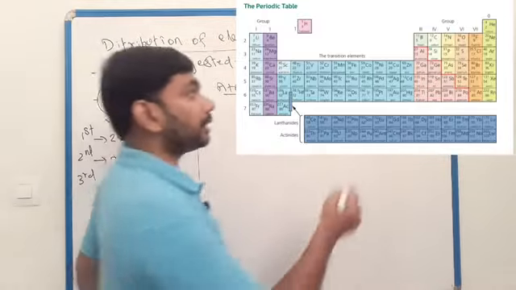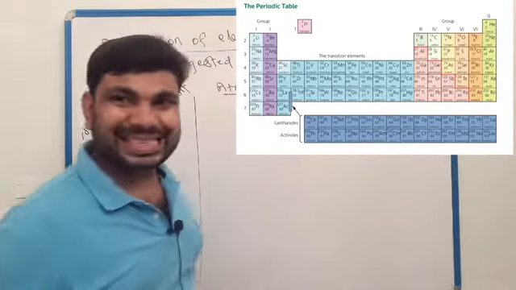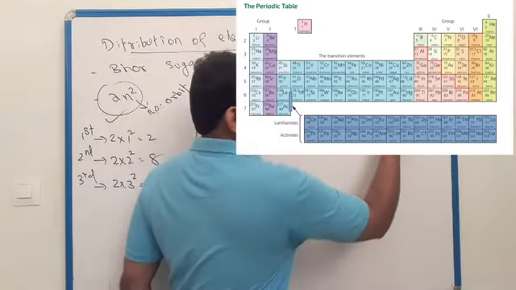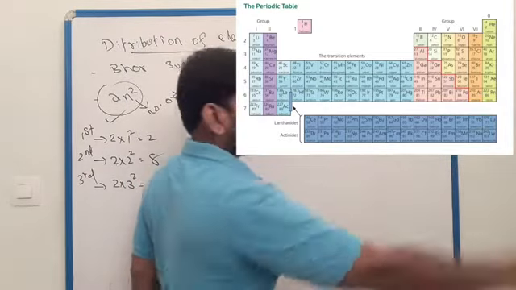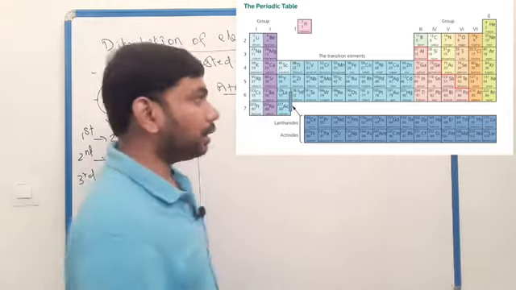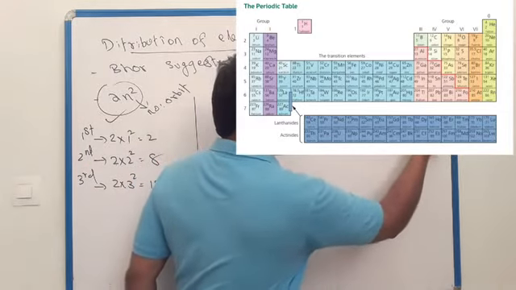For example, in this periodic table you can see 6 and 12. Here 6 is the atomic number. Atomic number 6 means there are 6 electrons and 6 protons.